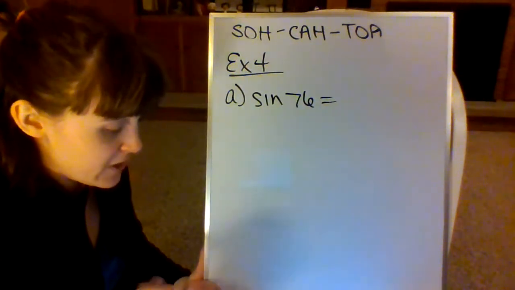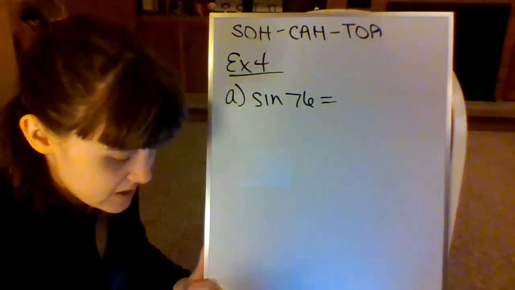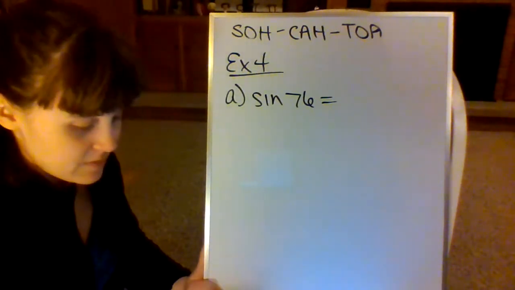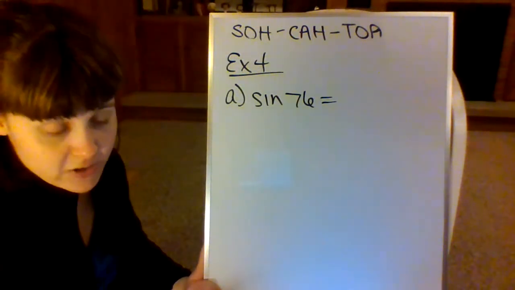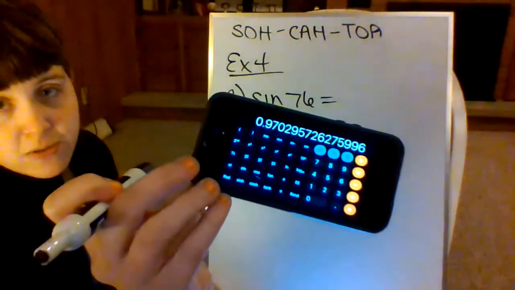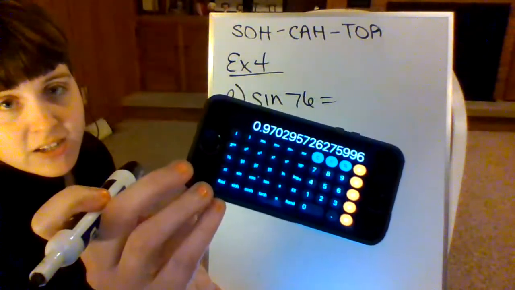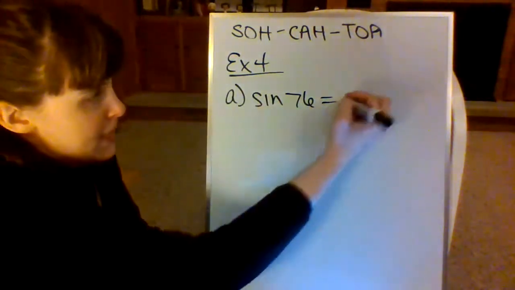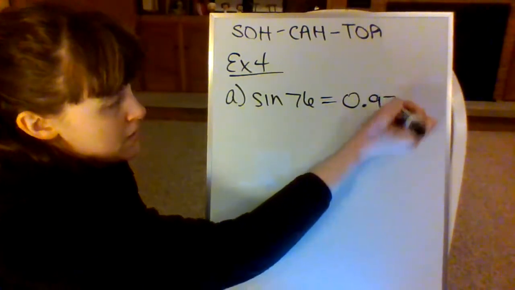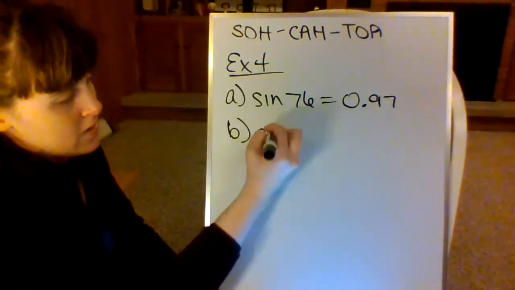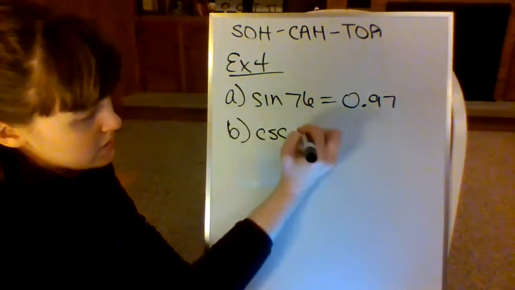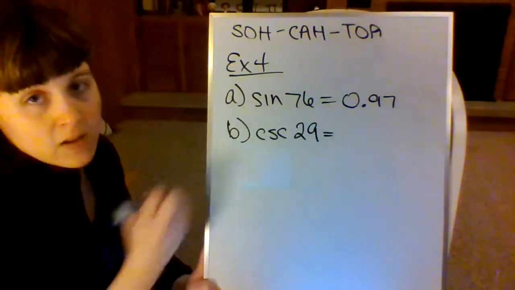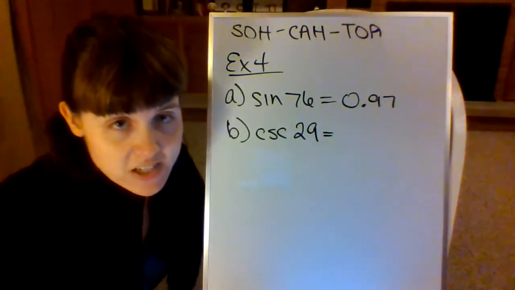Part A, sine 76. So, on your calculator, we're going to do 76 sine. We're going to round it to the nearest hundredth. So, for instance, I got 0.97. Alright, next we're going to do cosecant of 29.